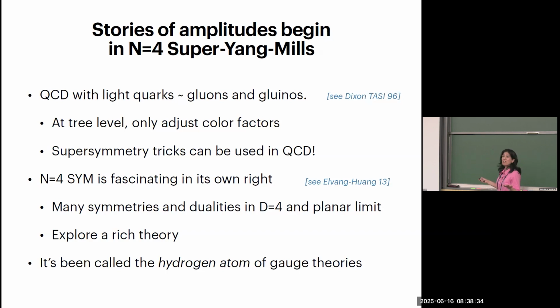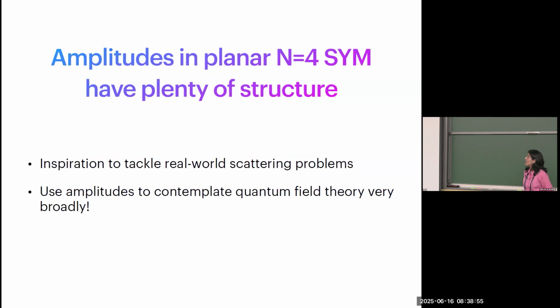So whether you want to do something useful for particle physics or really probe quantum field theory in a deep way, profoundly, you come back to n=4 super Yang-Mills in the study of amplitudes. And so it's been called the hydrogen atom of gauge theories for this reason. So where we come to is amplitudes, in which we are interested in planar n=4 super Yang-Mills.